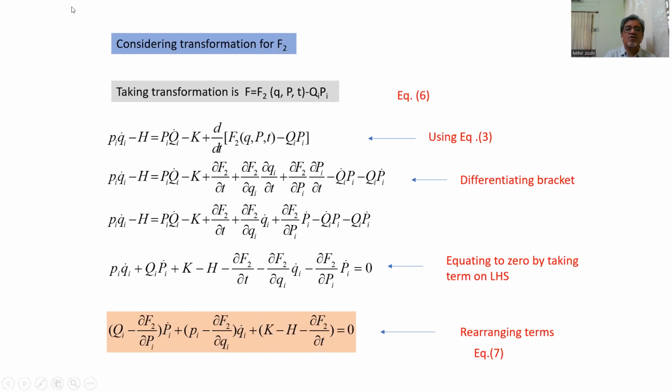And now we are trying to take a differentiation. So differentiation d by dt of Qi Pi, both are capital letters. So that is what we have done in the next step.